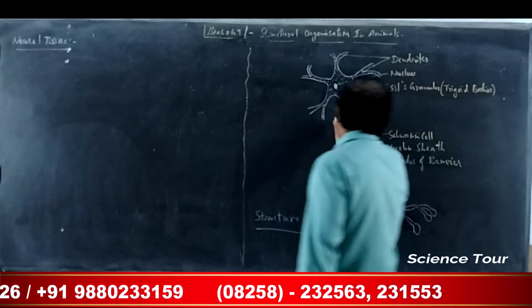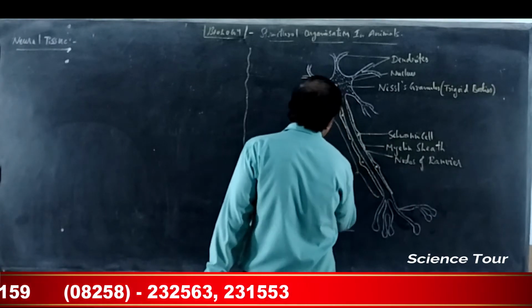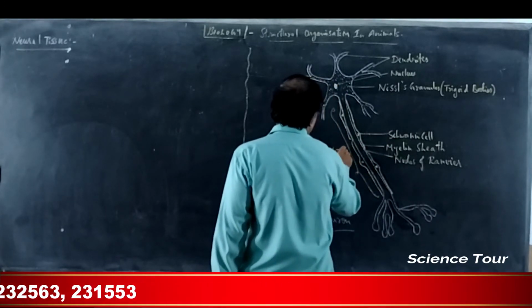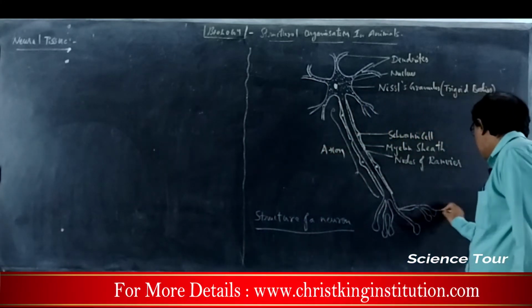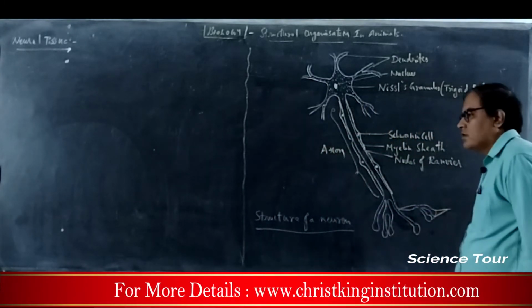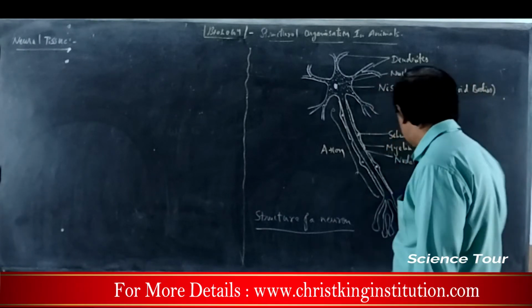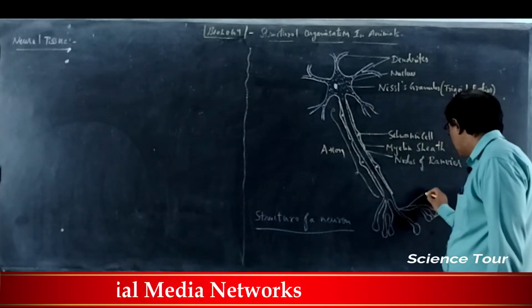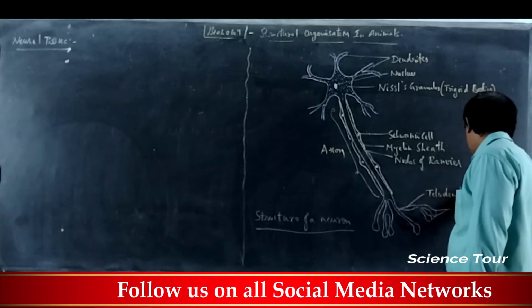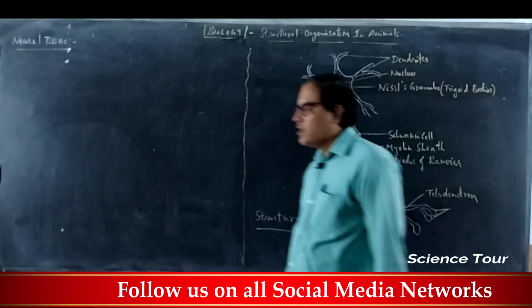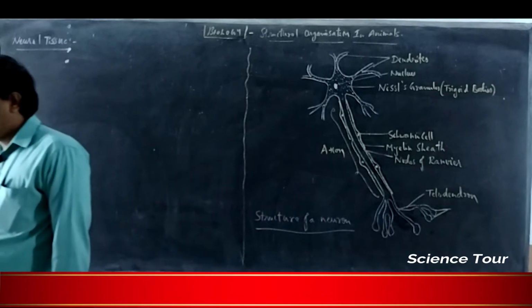So this entire structure is called the axon. These structures, this is the telodendron.